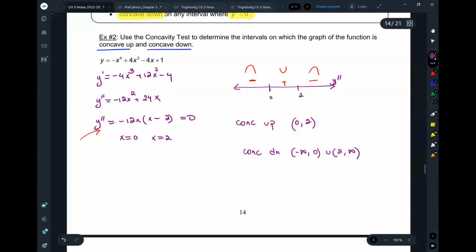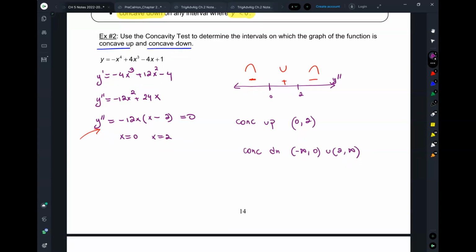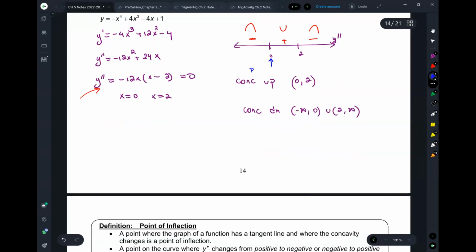Now, let's talk about those points. At this point, do you see how the concavity changed from concave down to up? Whenever the concavity changes, that point is called a point of inflection.